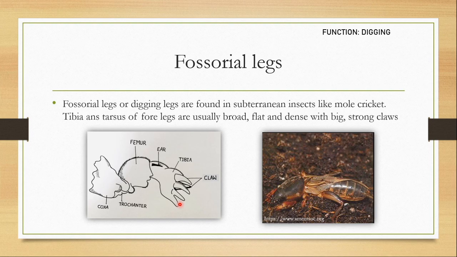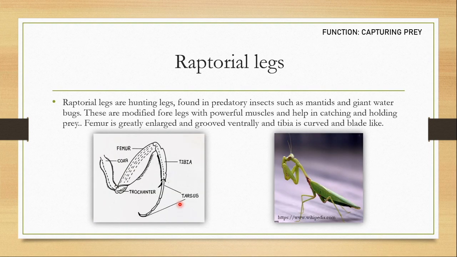Next type I'm going to talk about is the raptorial legs. These type of legs are found in all Mantoidea family or superfamily, which includes the praying mantids. Please notice their forelegs. These forelegs are modified for capturing and holding prey.